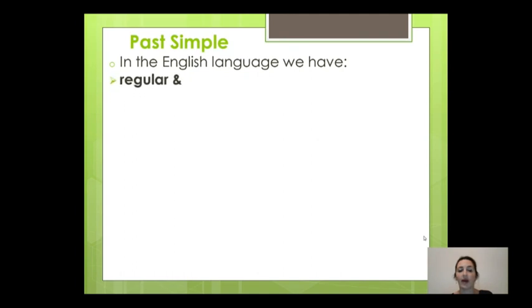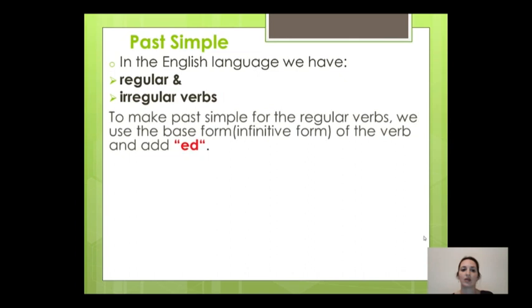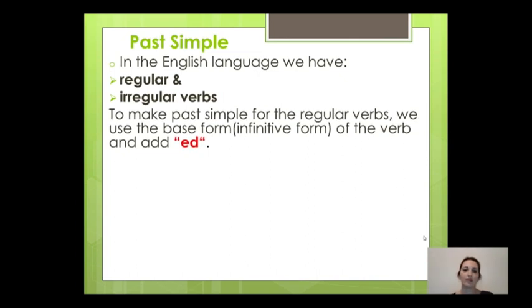First, we're going to talk about past simple. Let me remind you of the regular and irregular verbs in the English language. To make past simple for the regular verbs, we use the base form, which is also called the infinitive form of the verb, and add ed.